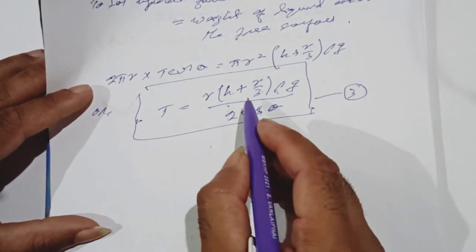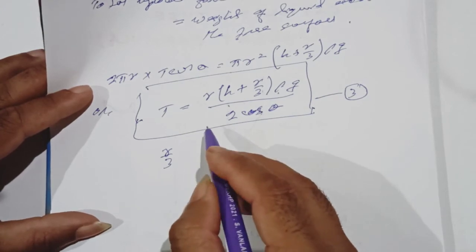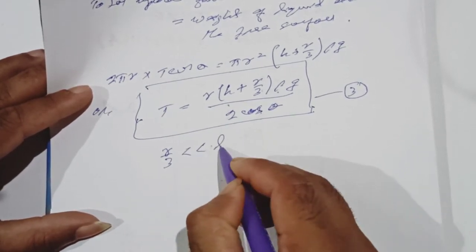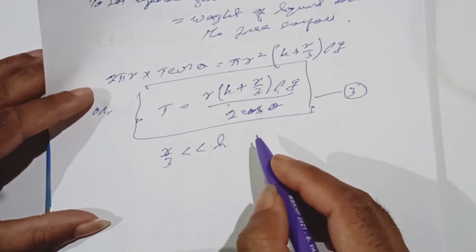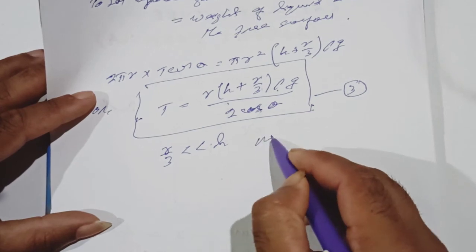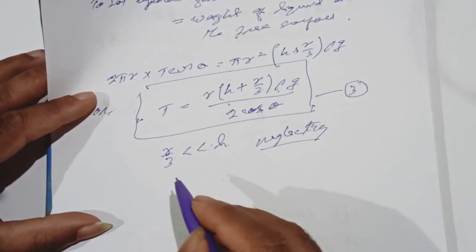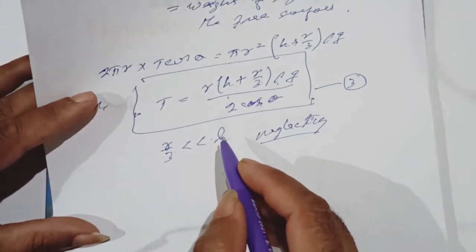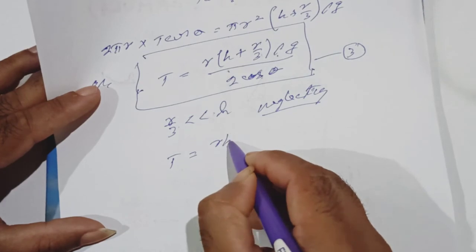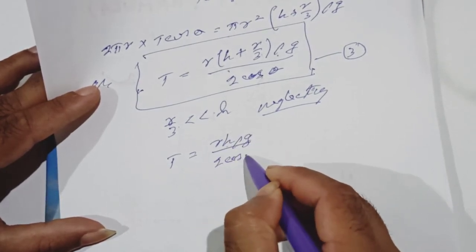But we have to know that since r by 3 is very small as compared to the height h, we can neglect it. So we have T equals r h rho g divided by 2 cos theta.